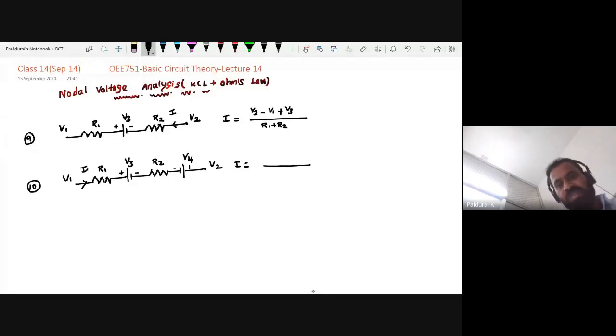Yeah, anyone? What's the formula for I? I equal to V by R, where R1, R2 are connected in series, so it becomes R1 plus R2. So as usual notation, starting voltage minus ending voltage. For intermediate ones, you put brackets and consider the starting polarity. Okay.